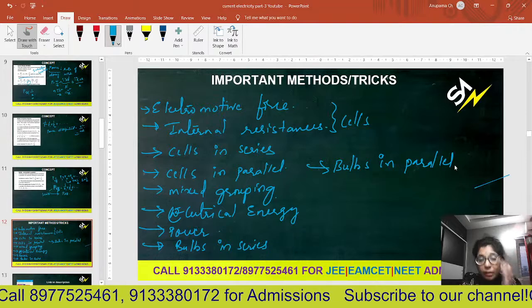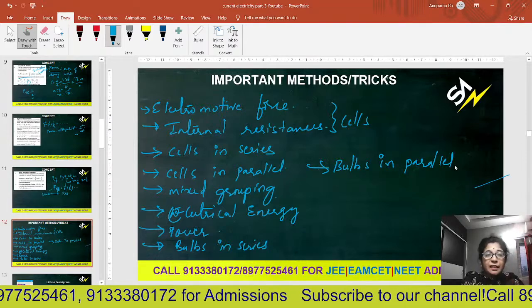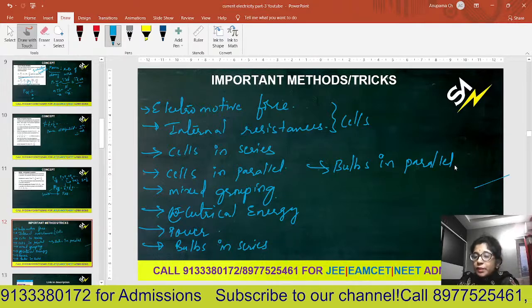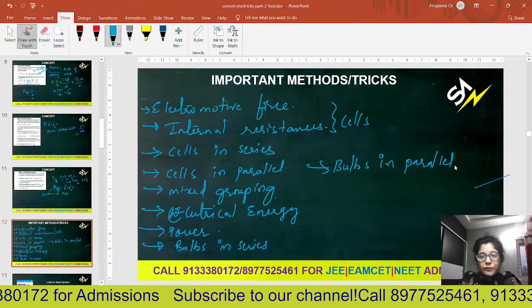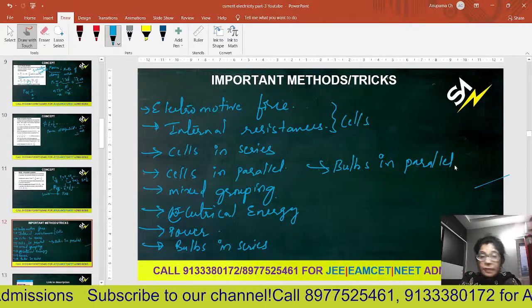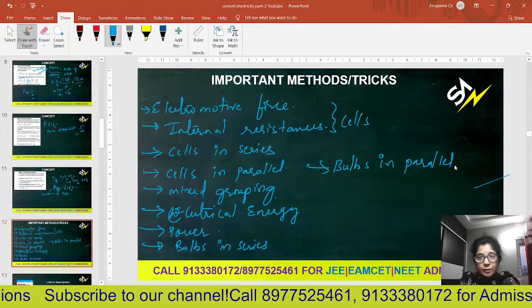So these are all the things we have discussed in this particular session. And now we are going to solve a few problems, a few numericals which are related to this.